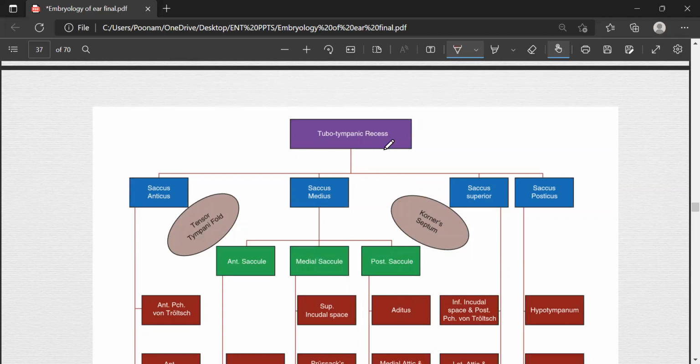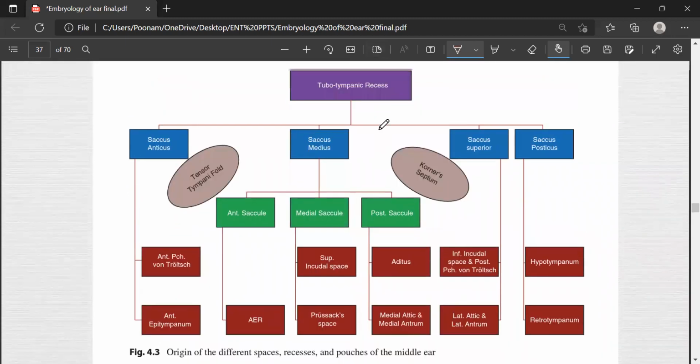So, this table shows the different spaces, recesses, and pouches of the middle ear. The tubotympanic recess has four regions: saccus anticus, saccus medius, saccus superior, and saccus posticus. The anticus includes the anterior pouch of von Troeltsch and the anterior epitympanic space. The saccus medius includes the anterior saccule and the medial saccule, with the superior incudal space and Prussak's space.